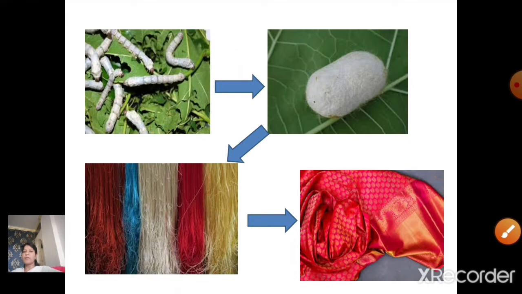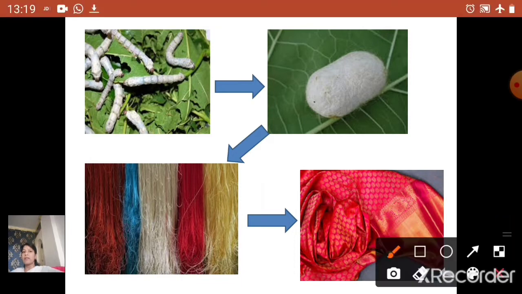Now the next one. Identify these pictures and tell me how they are related to each other. Can you identify the first picture? Yes, they are silkworms. What about the second picture? Yes, it is a cocoon. The third one? Yes, they are silk threads.